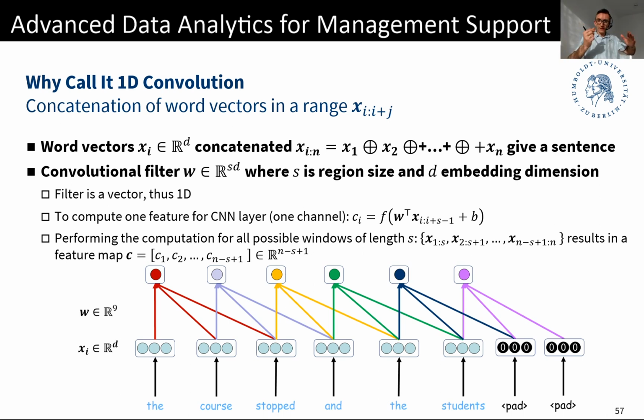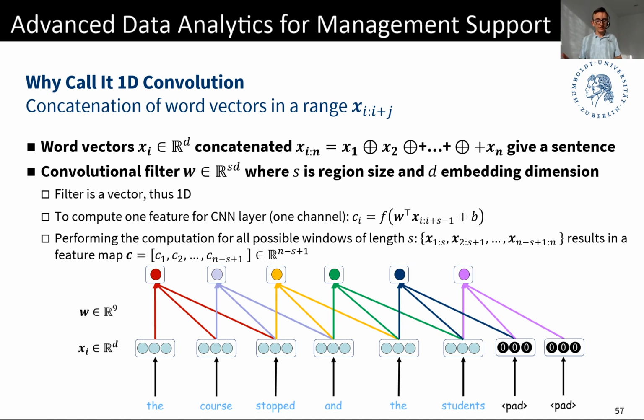If we always look at a trigram and then do the dot product over the trigram, well, obviously the word embeddings of the three words of our trigram, then without the padding, we wouldn't really be able to compute the result for the word students because it's the last word. Nor would we be able to compute the word the, which is the second to last word. So to ensure that this works out, we need to pad our text.